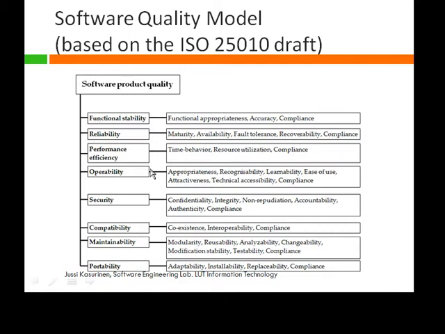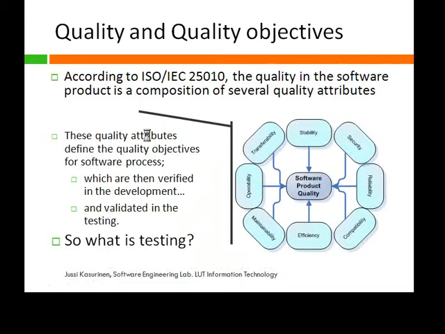And this is actually how we understood the quality in our work. It's functional stability, reliability, performance efficiency, operability, security, compatibility, maintainability, and portability. By the combination of these is the software product quality in this study. So, these quality attributes make the software quality.